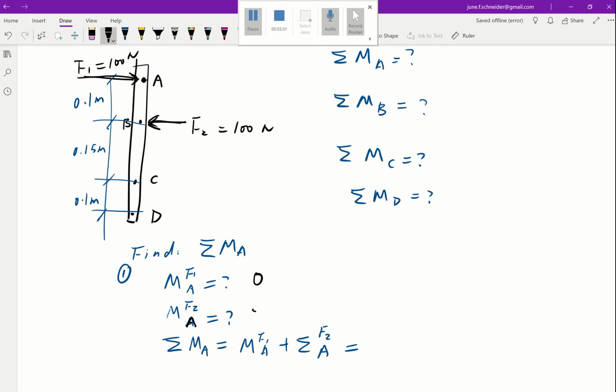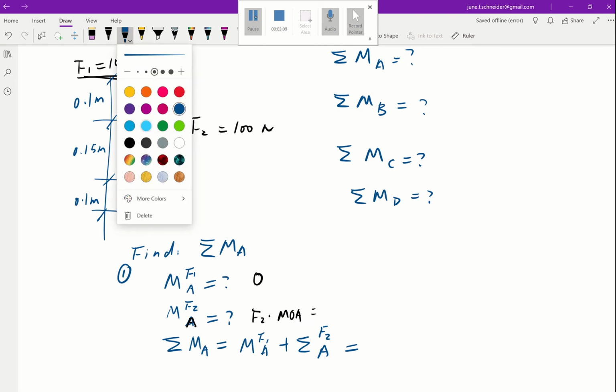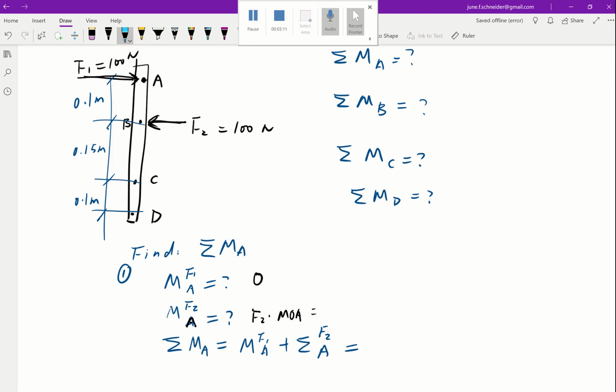So using the formula, it's F2 times the moment arm. We're going to use our blue to draw the moment arm. So it's this force F2 rotating about A. From the rotational point to the force has to be what?